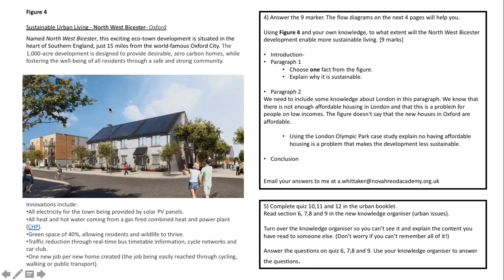So we're saying that they've got a 1,000-acre development with zero carbon homes, but it doesn't say that those homes are affordable. So those homes that they're building in Oxford are not affordable. And we've looked at the London Olympic Park case study. We know that having no affordable housing is a problem that has negative economic impacts that make the development less sustainable. So that can make up our second paragraph.